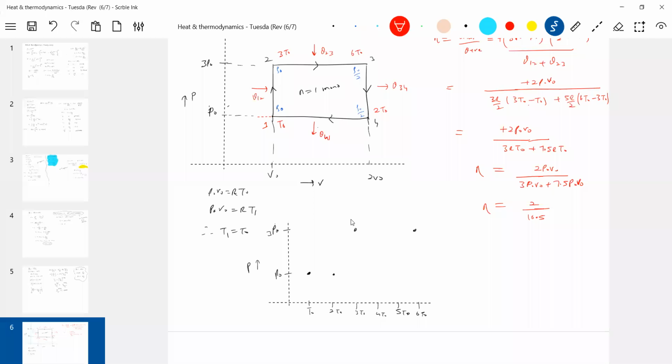Now the graph. So this is corresponding to 1, 2, 3, 4.